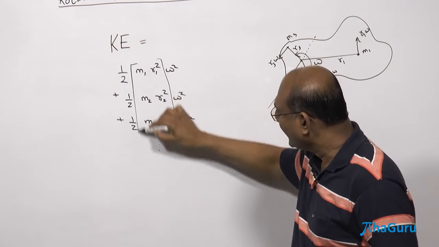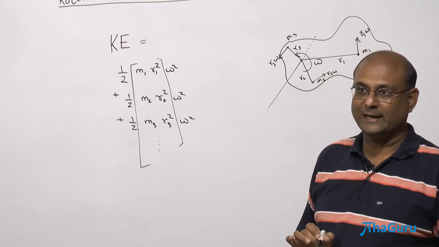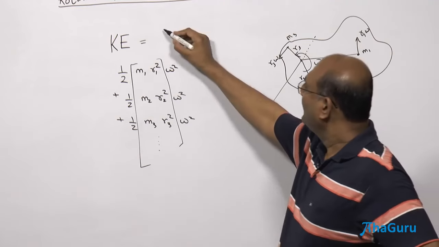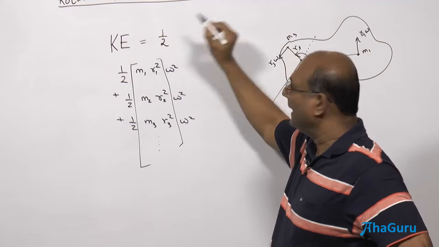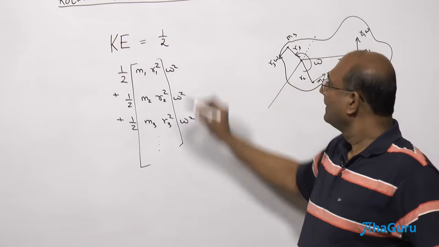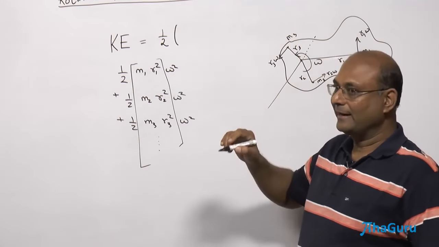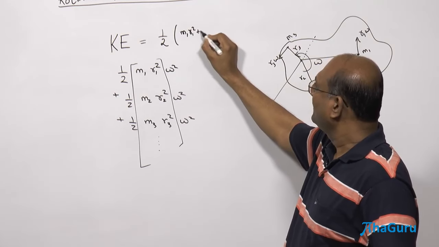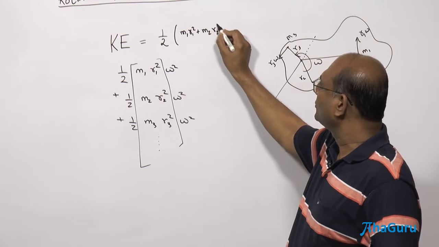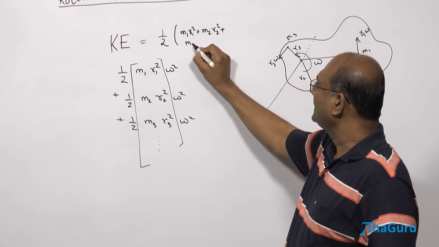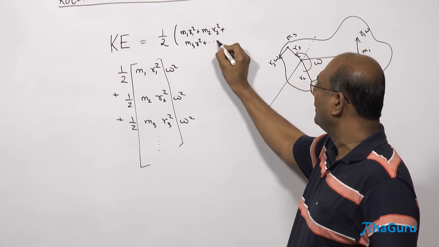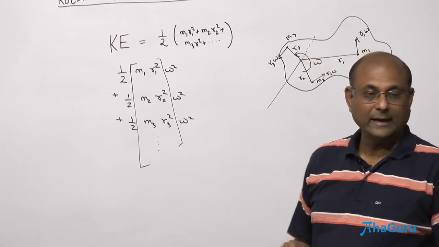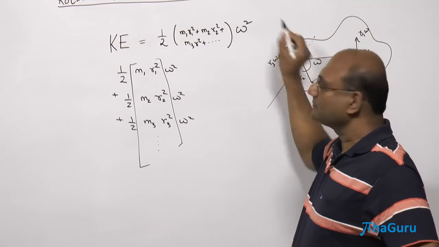I shouldn't be putting a bracket like that, but you understand the idea. So if I write this, I'm going to write it as half. But instead of writing it like that, I'll write half (m1 r1 square plus m2 r2 square plus m3 r3 square and so on) into omega square.